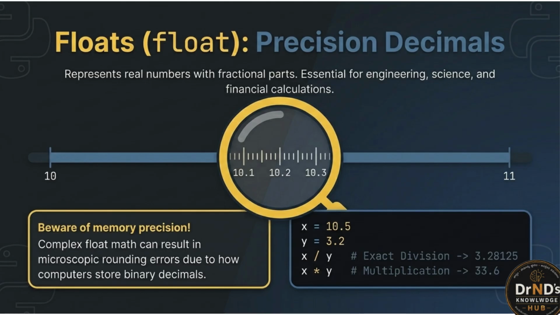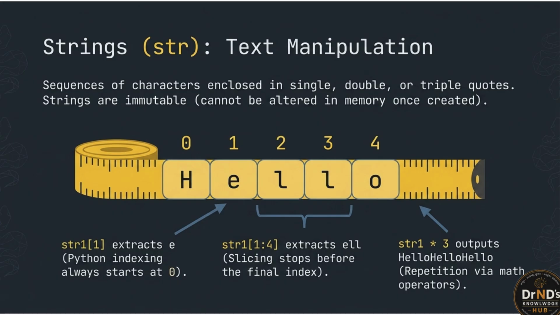So far, we have worked with numbers, but computers also need to store words, names, and sentences. To handle text data, Python provides another important data type called string. So far, we have learned how Python stores numbers using integers and floats.